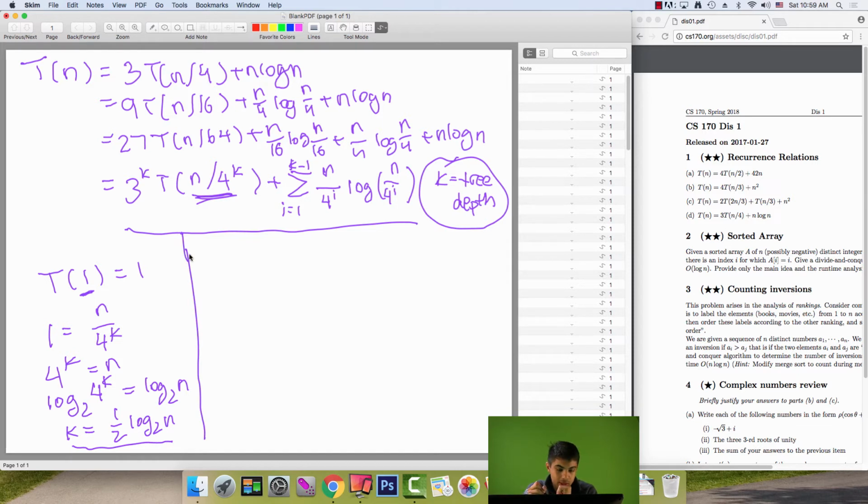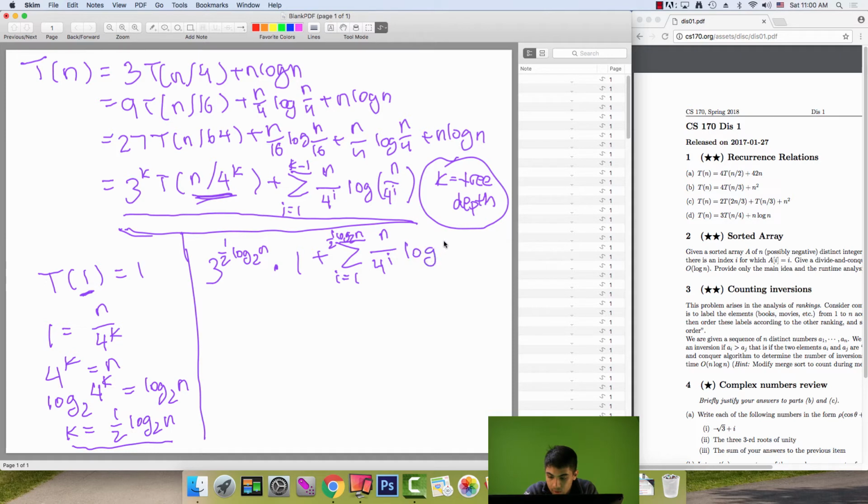So finally, the last step is at this very last level, let's substitute that in for the general form that we've derived here. And so we get 3^(1/2 log base 2 of n) times T(n/4^k), which is just T(1), which, as we've assumed, is just 1, plus the sum from i equals 1 to 1/2 log base 2 of n of (n/4^i) log(n/4^i).